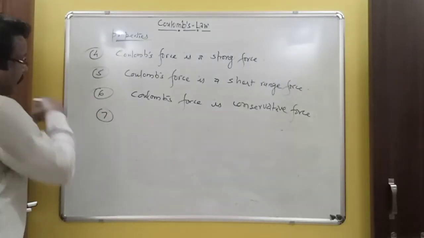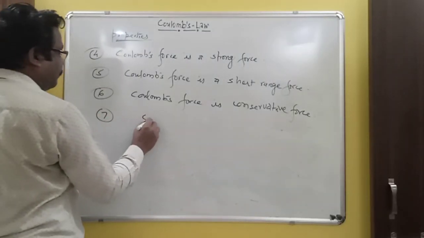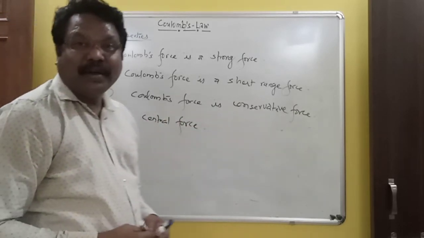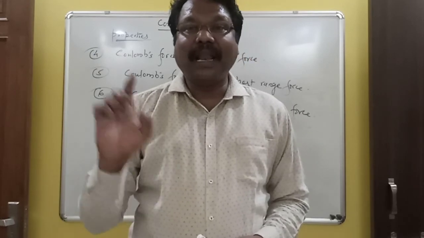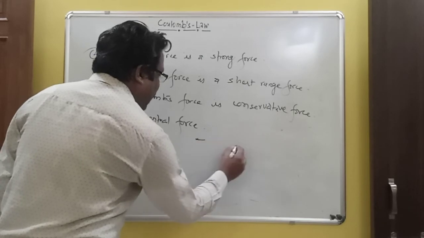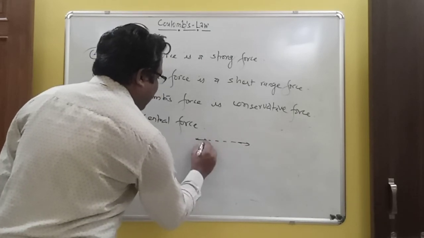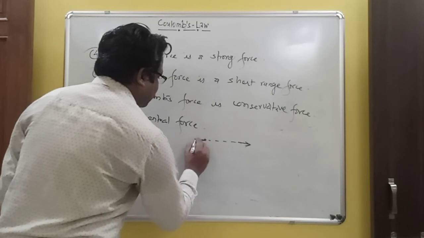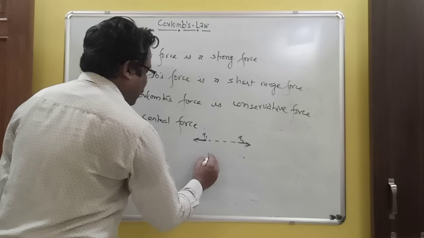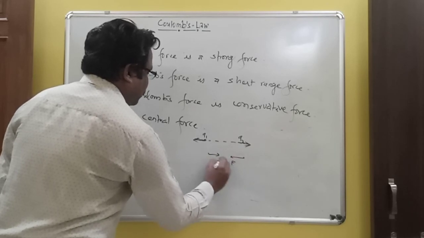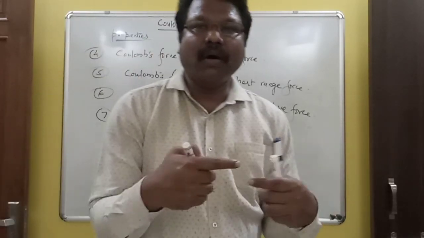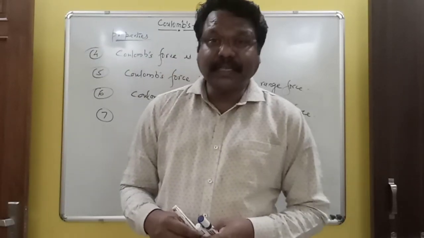Next property. Coulomb force एक central force है. कैसा force है बच्चों? It is a central force. It acts along the line joining the 2 point charges. ये जो 2 point charges होते हैं उनके along, उनको जोड़ने वाली लाइन के along एक्ट होता है. सेंट्रल, लाइक चार्जेस के लिए रिपल्सिव, अनलाइक के लिए अट्रैक्टिव. ओके, उनको जोड़ने वाली लाइन के along, it acts along the line joining the centers of the charges, right?